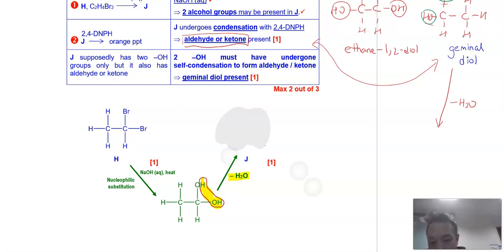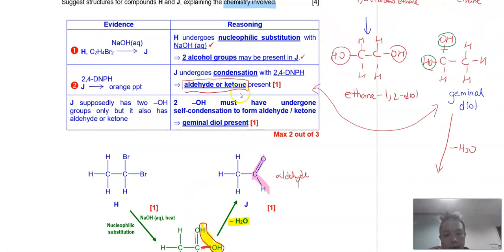And as a result, you have to form one more bond with this oxygen. This bond is gone. And you therefore end up with an aldehyde. And it is because of this aldehyde functional group that it can give a condensation with 2,4-DNPH.